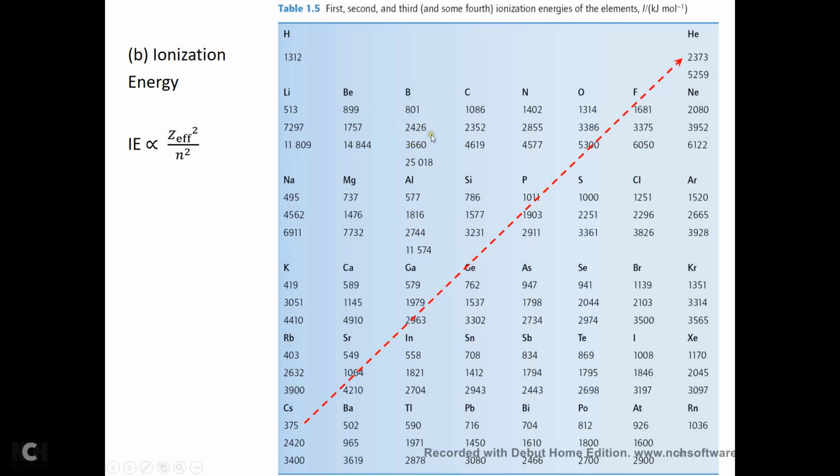Boron, there are 3 valence electrons, and this one is the core electron. That's why you see a huge gap here. Same for any other elements. First ionization energy, this is the second ionization energy. They differ by a factor of 8 because again, here we're talking about the 3s electron, but this is the 2s core electron. All right, so that's why.